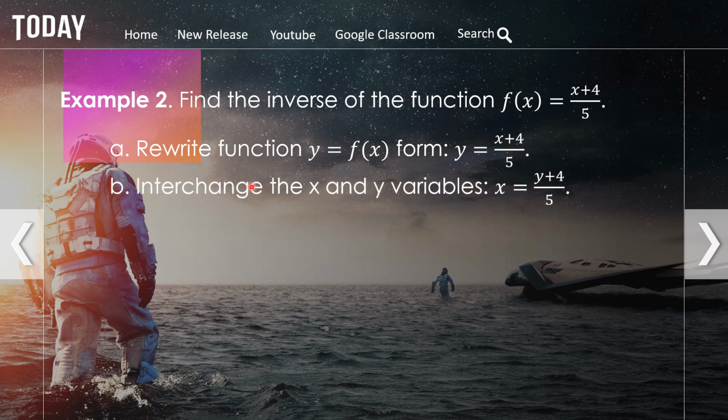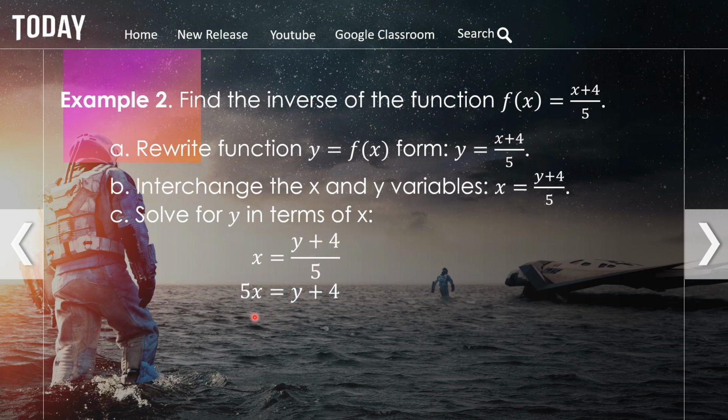Second step, interchange the x and y variables. So from y is equal to x plus 4 over 5, it will become x is equal to y plus 4 over 5. The third step, we need to solve y in terms of x. So we have x is equal to y plus 4 over 5. Evaluate.